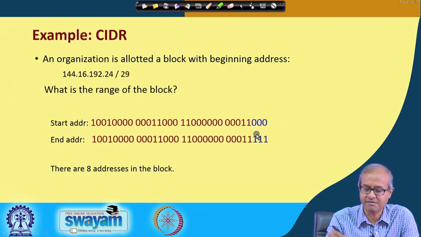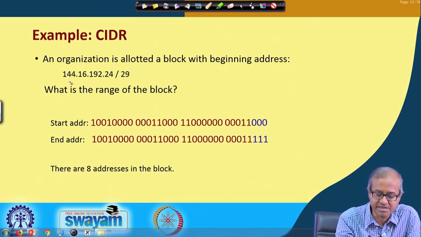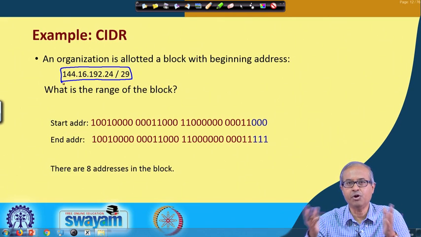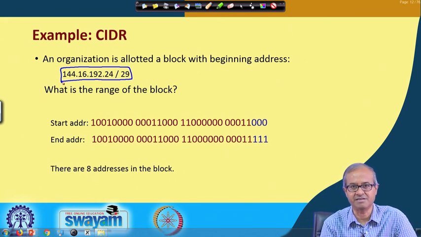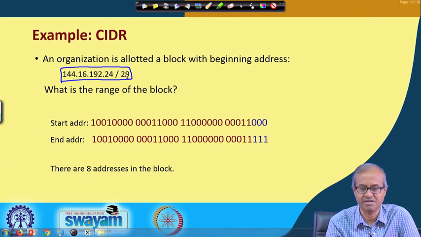So, let us take a very specific example. Suppose an organization is assigned a CIDR network like this. Nowadays, when you ask for an address, you will not be given an IP address class A, B or C, you will be given a CIDR address like this: 144.16.192.24/29.